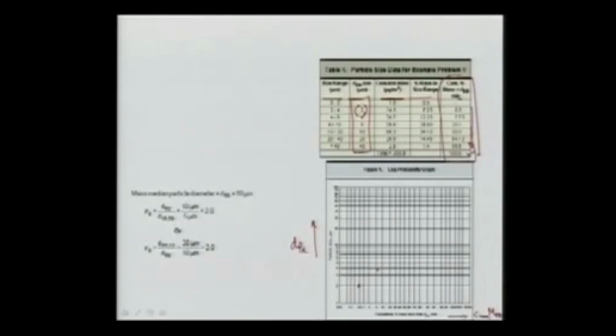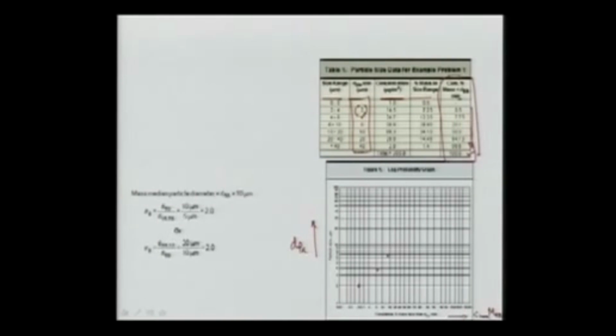Then plot the point, let's say 6. For 6, I have the cumulative mass as 20.1, so I plot this here.